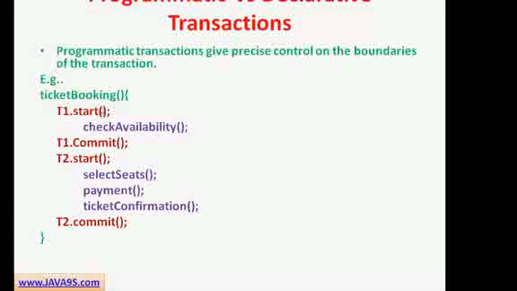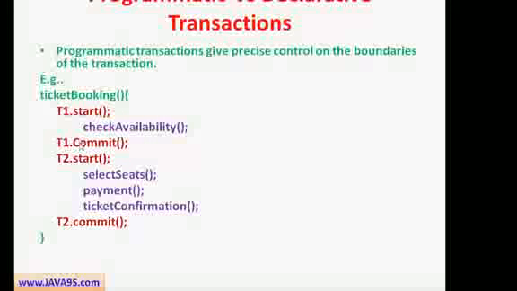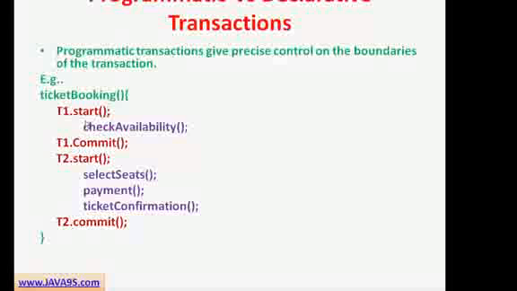If I want to maintain a separate transaction for check availability, I can start my transaction and commit once this step is over, and I can maintain another transaction for the rest of the three steps. That means I have the freedom of introducing transactions and committing the transactions wherever I need. So this kind of programmatic transaction gives very precise control on where to start and where to end.